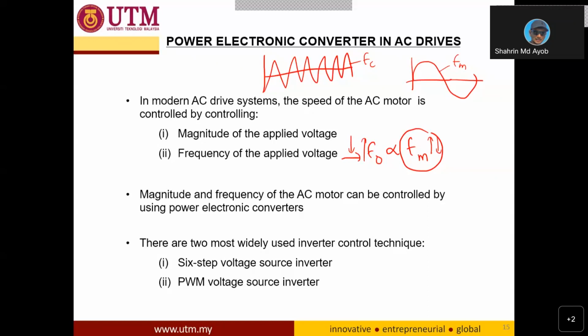But by using the inverters, where the inverter can actually change the frequency. So for example, by using PWM, you change the frequency output by changing the frequency modulation. No problem. So that's why, for the industry, they are using speed control of AC motor.